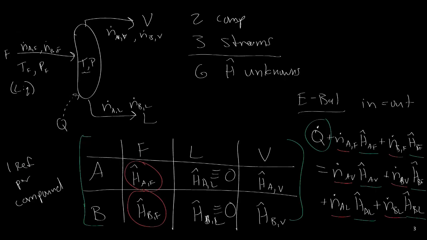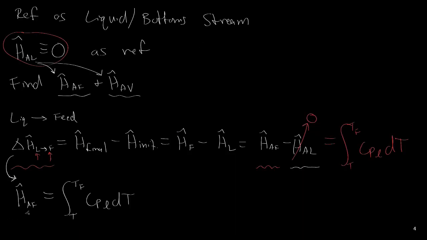So if we go back to our diagram here, we are feeding the material at TF here, and the bottom stream is going to be in equilibrium with the vapor stream here at T and P being constant. So we can use the same approach for the B stream, so H hat of B in the feed, and I guess we should be a little more specific.